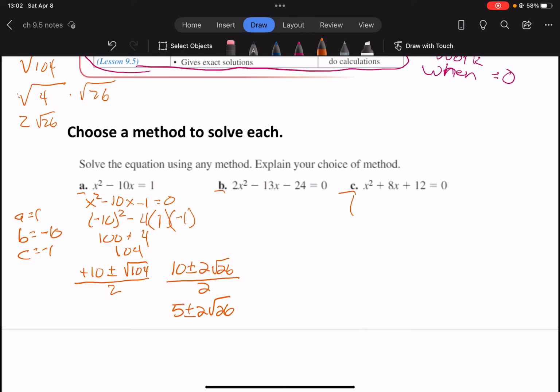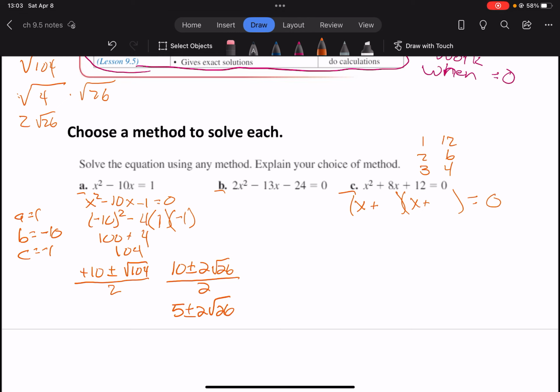So with C, I'm going to write my 2 parentheses equaling 0. I've just got a 1x, so I'm just going to write x and x. Second sign is positive, it means they're the same. So I go to the first sign, they're both positive. Factors of 12: I've got 1 and 12, 2 and 6, 3 and 4.